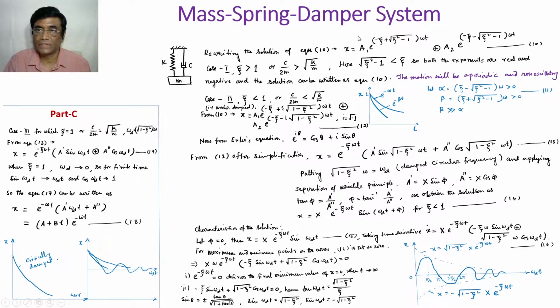Let us try to understand that this is my general solution. Two constants A1, A2, this plus this, because the system is linear and the principle of superposition holds. Again and again I am telling, otherwise you cannot figure out the general solution. The system is linear in nature, okay? Some of my students ask, sir, the characteristic equation is quadratic, then how can it be linear? No, that has nothing to do with the system's linearity.